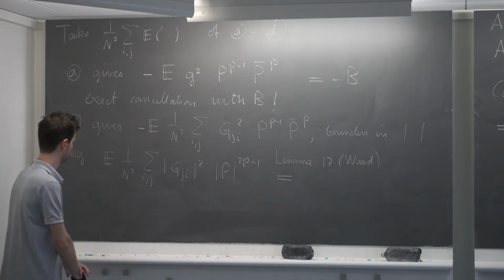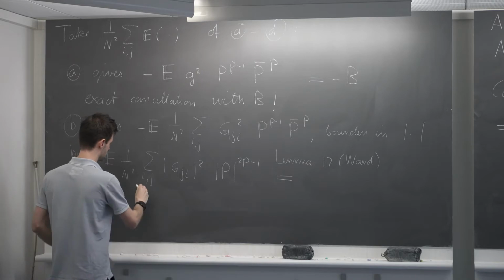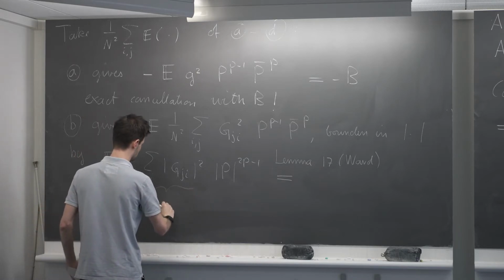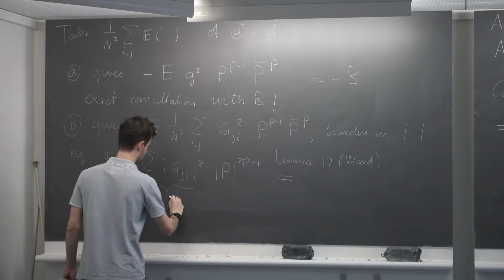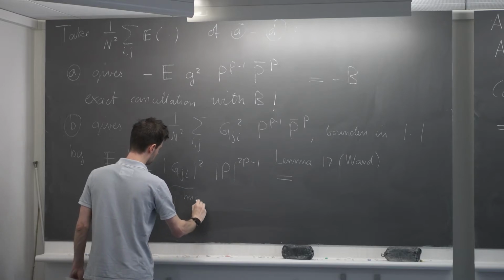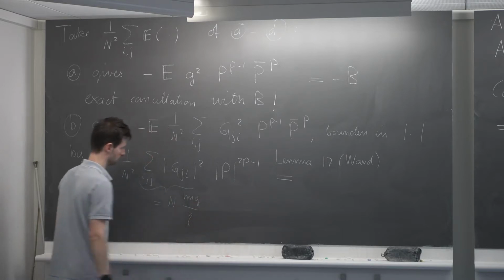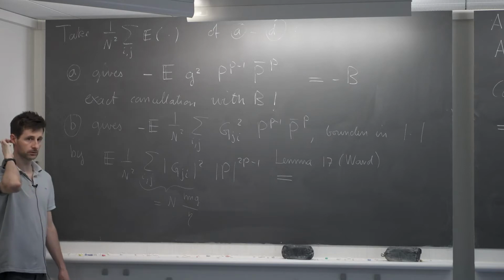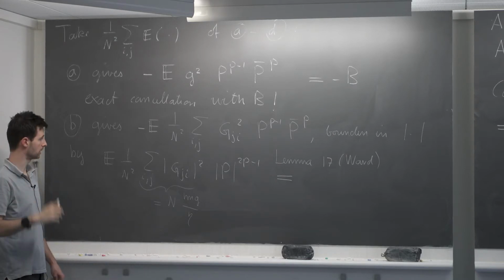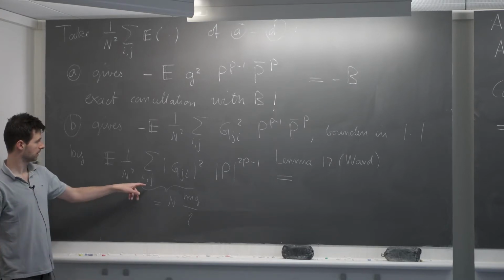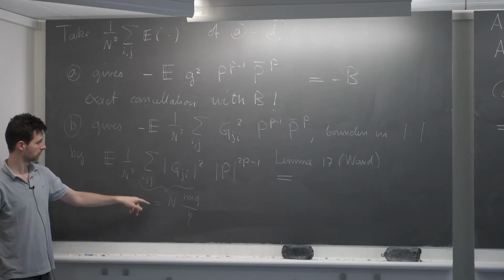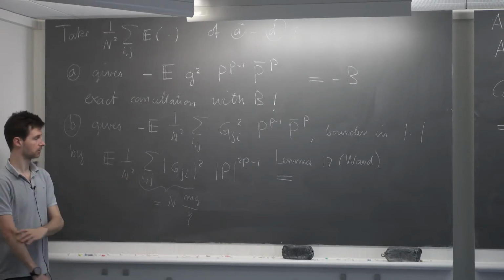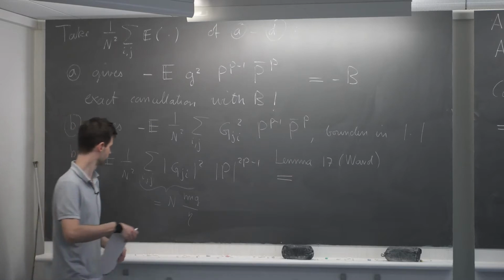If you recall, by the Ward identity, this thing is equal to that. You can sum over i first, for example, and then sum over j, and you get precisely that.